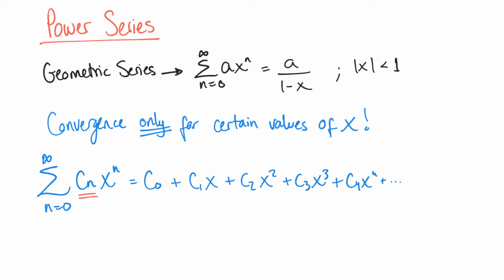And then these coefficients, as they're called, can be any function that depends on n. So, what do we do now? Well, we're going to realize that what we have here is just a polynomial.